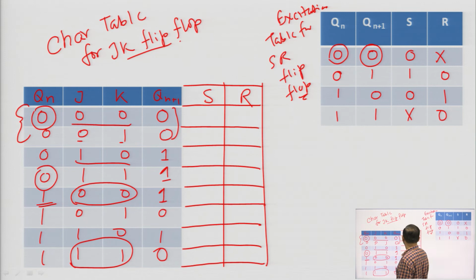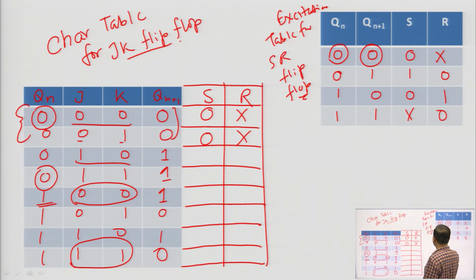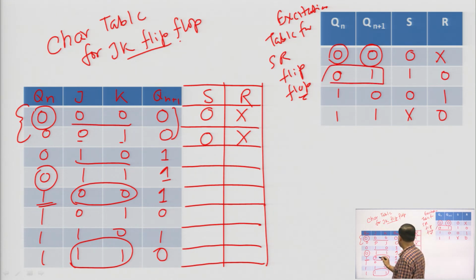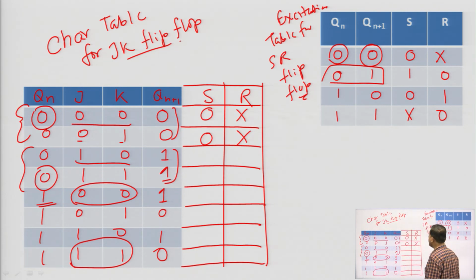So, we will write 0 and cross, 0 and cross, right. Next, for Qn 0 and Qn plus 1 is 1, what are the conditions? These two, 0 and 1. So, for 0 and 1 we will be having S and R as 1 0.